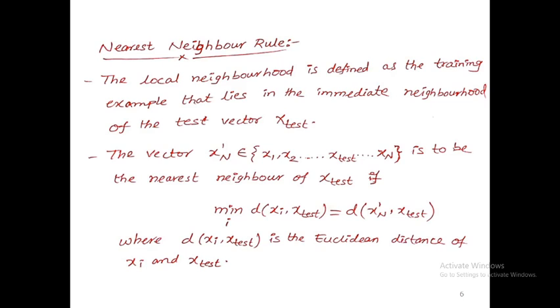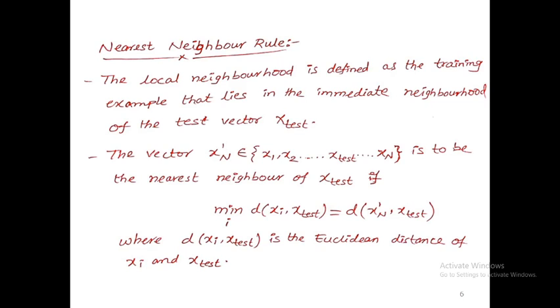So this is a learning rule: the nearest neighbor rule. Nearest neighbor rule means the local neighborhood is defined as the training example that lies in the immediate neighborhood of the test vector x test.